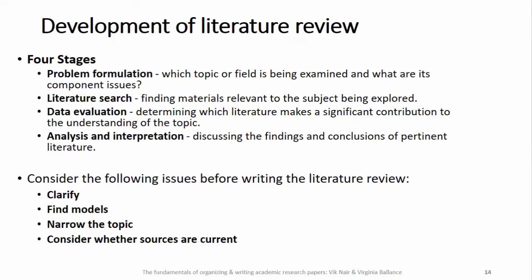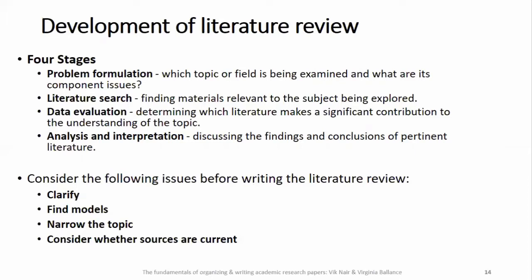So the moment you find a lot of information appearing, then you know very well that you got to start narrowing it down. If you don't narrow it down, then you may have a problem of having too much information and you'll be sidetracked by going into different areas, and it may not even achieve the research question that you are looking at.